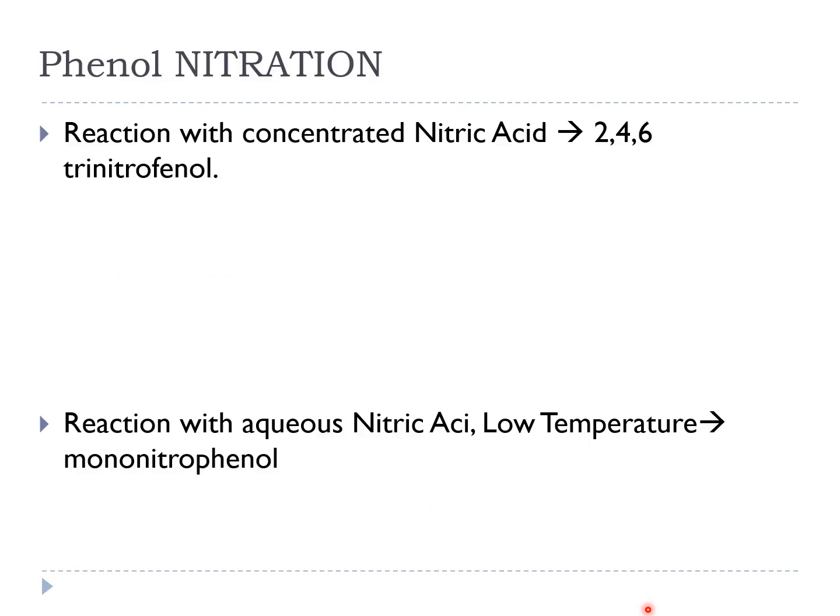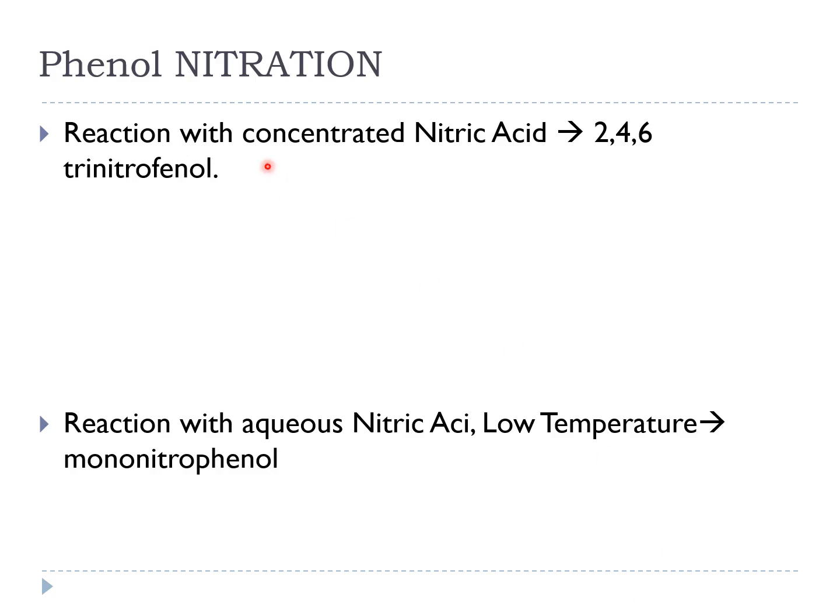Okay. As the general substitution reaction, phenol also can have the nitration reaction, but in phenol, the type of nitric acid, concentrated nitric acid, or aqueous nitric acid, dilute nitric acid, will produce different products.